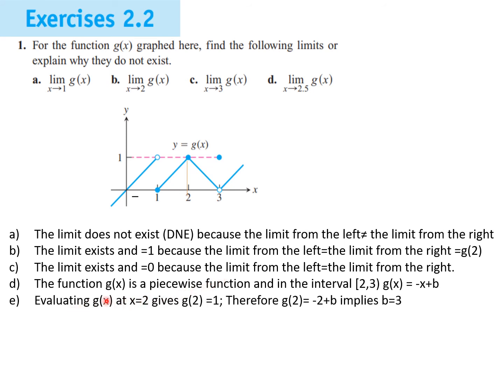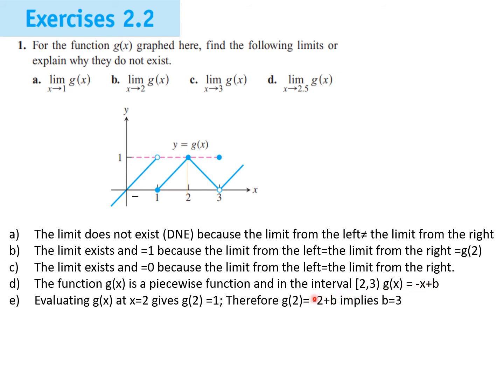Evaluating g of x at x equals 2 gives us g of 2 equal to 1. And we know that g of 2 is equal to 1. So g of 2 equals minus 2 for x, where minus is coming from the slope, -1.